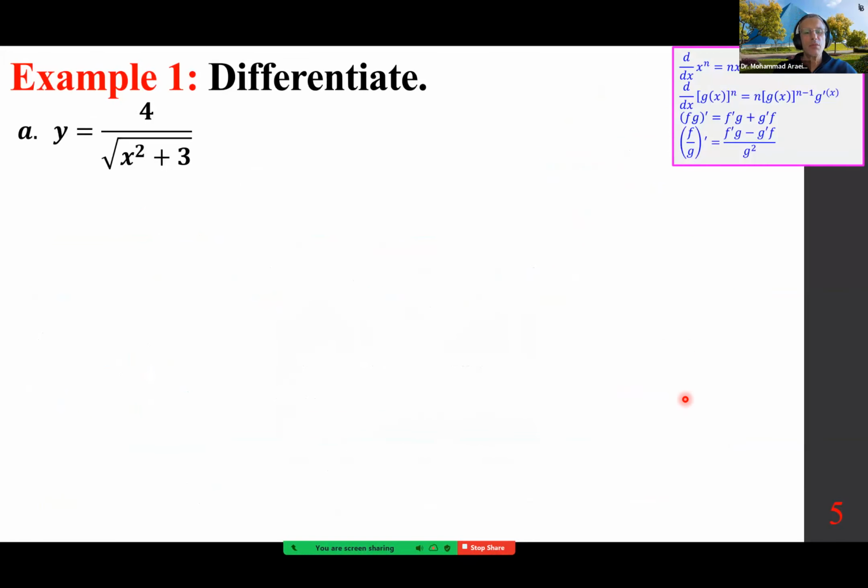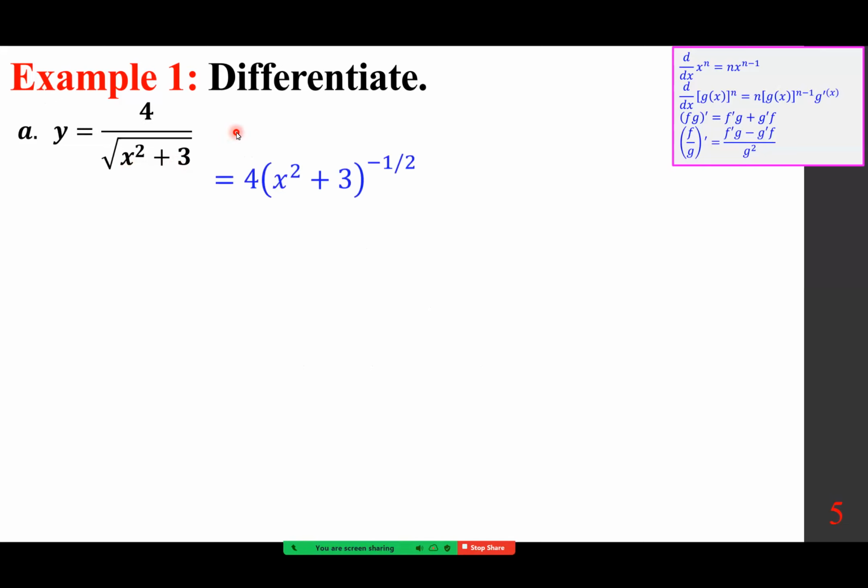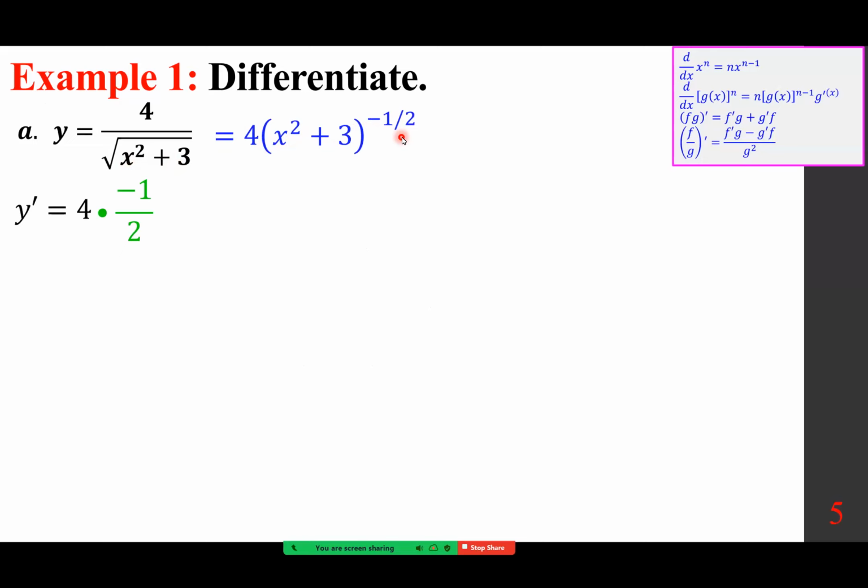Now, let's start with a very simple example here. We want to differentiate y equals 4 over the square root of x squared plus 3. So we're going to take this to the power of 1/2 and bring it up. Now, 4 times negative 1/2 times the same thing to the power of 1 less, right? This is the power rule.